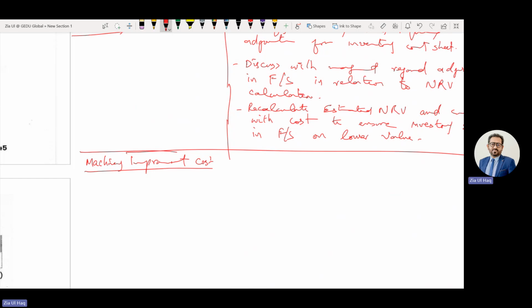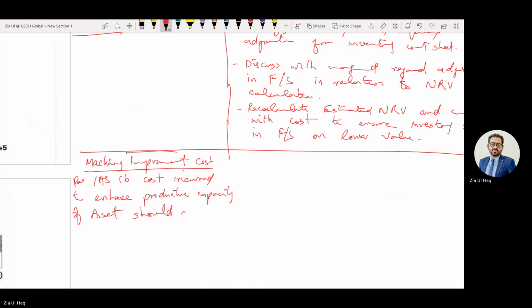So per IAS 16, cost incurred to enhance productive capacity of asset should be capitalized to asset cost.